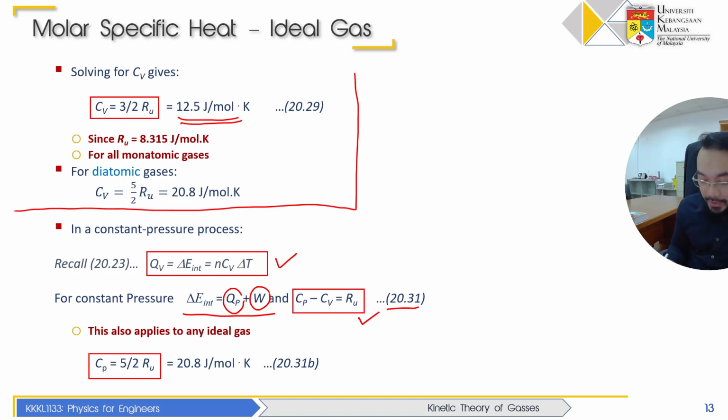This applies to any ideal gas. So if R_U is fixed and C_v is fixed, C_p must also be fixed, and we can calculate that C_p is 5/2 R_U, which is 20.8 joule per mole Kelvin for any ideal monoatomic gas.